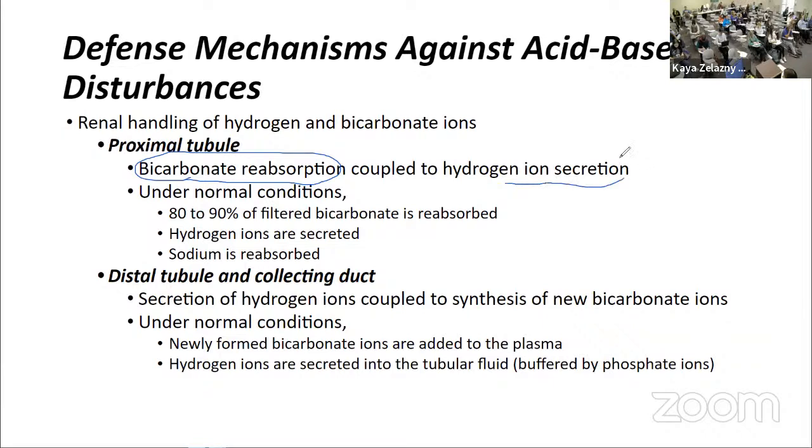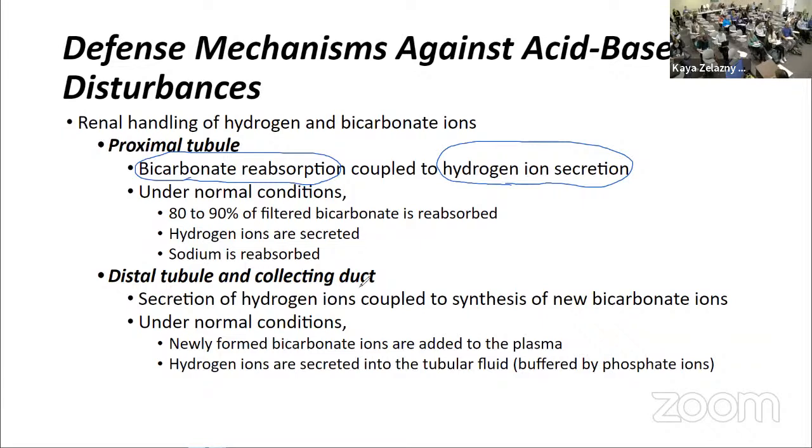So hydrogen ions are moving from the blood into that tubular fluid in the proximal tubule. Under normal conditions, we're reabsorbing most of the filtered bicarbonate, not all of it like with glucose, but a fair amount, 80 to 90%. We're getting rid of a bunch of hydrogen ions. We know from before that we were reabsorbing sodium at the same time. Sodium drives a lot of processes.